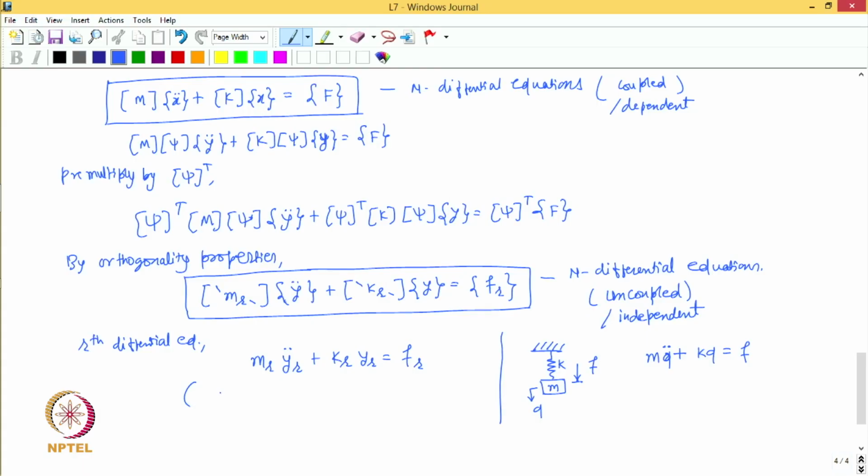So, this differential equation can be looked upon as the equation of motion of a hypothetical single degree of freedom system for the rth mode of vibration of a multi-degree of freedom system.